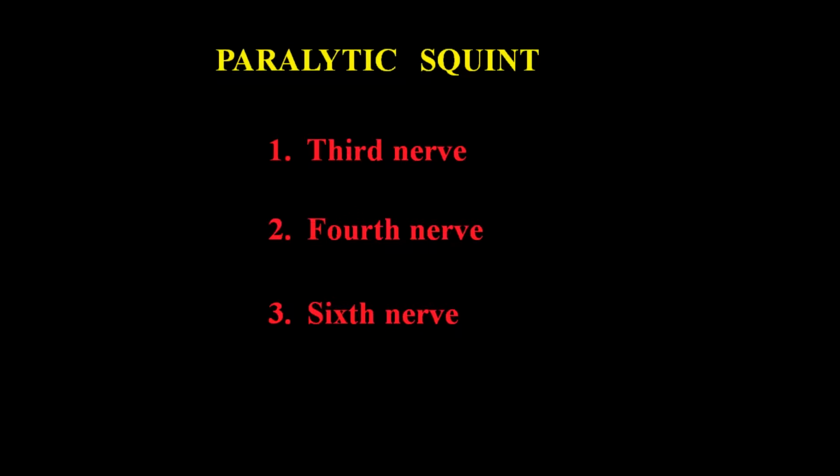Uniocular diplopia means when the patient closes one eye, is he complaining of diplopia? Is he complaining of double vision with one eye, or with both eyes open? In paralytic squint, it is binocular diplopia with which the patient complains.